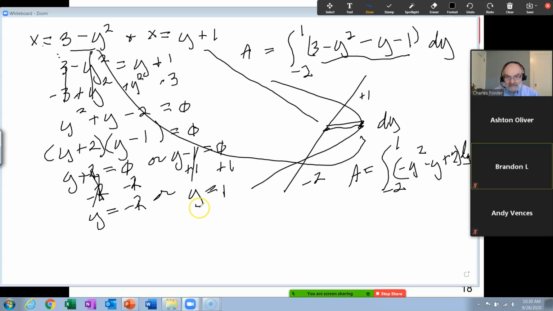Okay, now the area will be, let's go on and do the antiderivative. What's the antiderivative of minus y squared? Power rule, right? Increase the 2 by 1 and make it a 3, and divide by that 3. Remember? Next term, antiderivative of minus y.